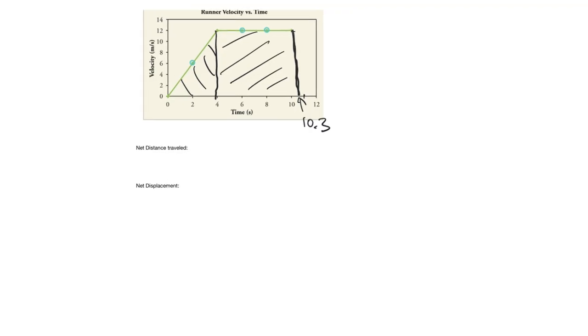So net distance traveled is 12 times 4 divided by 2 plus the area of the triangle, 12 times, I'm sorry, it looks like 10.5. Okay, 12, 10.5 minus 4.